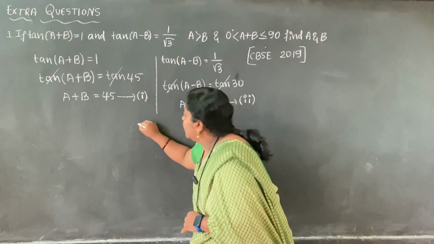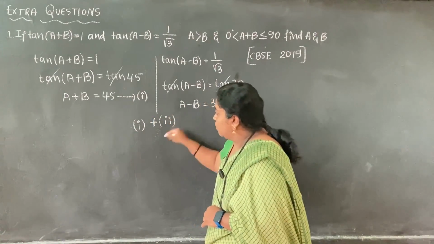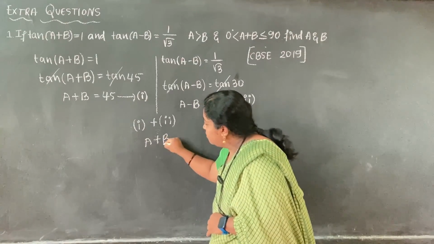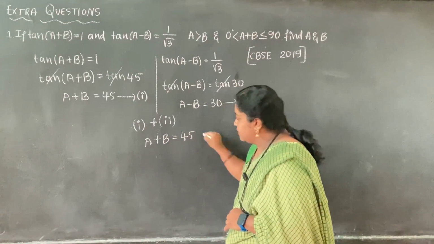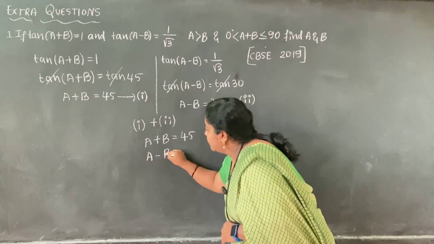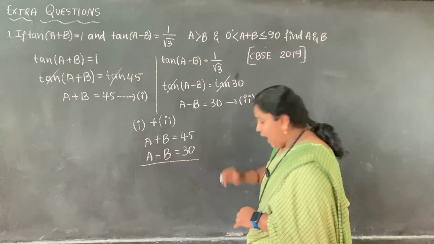Fine. So now I will add equation 1 plus equation 2. See here, a plus b is equal to 45. This is the first equation. And what about the second equation? a minus b is equal to 30. This is the second equation. Let me add the equations.